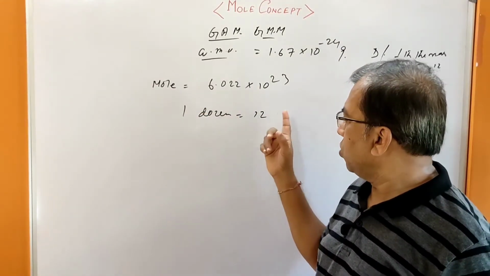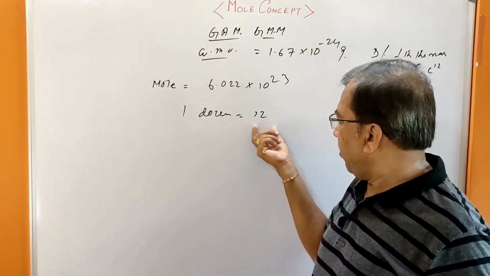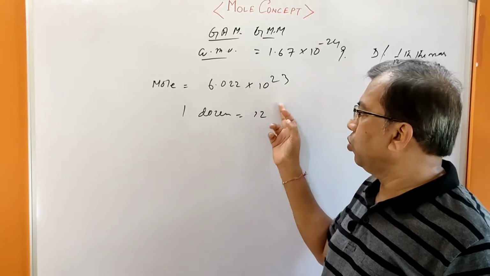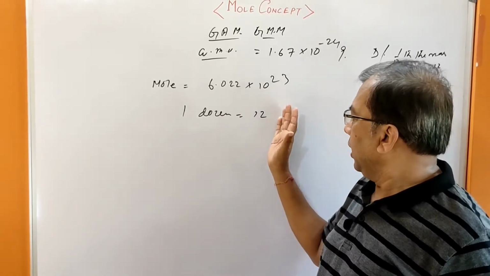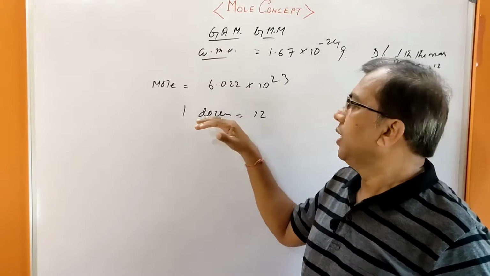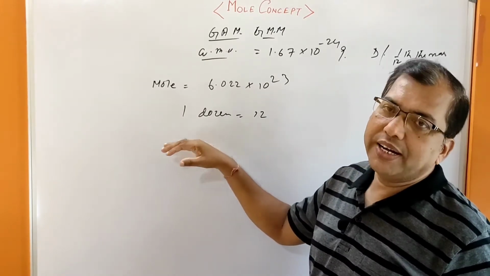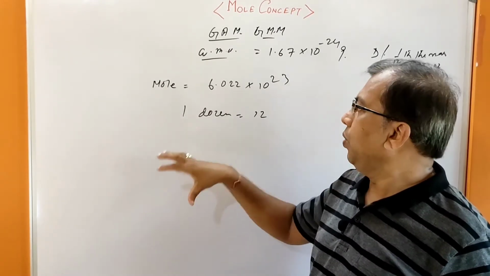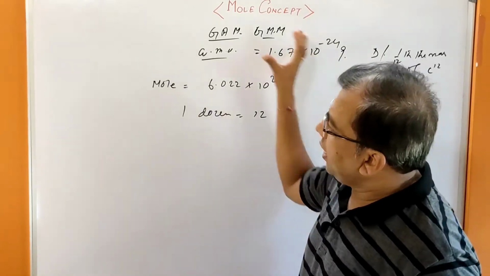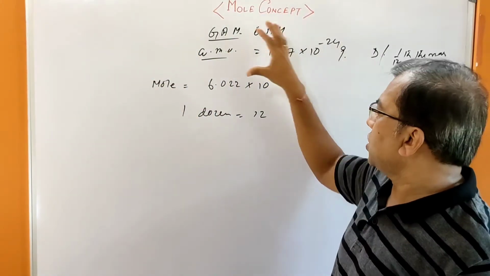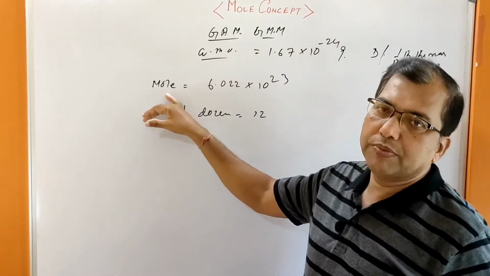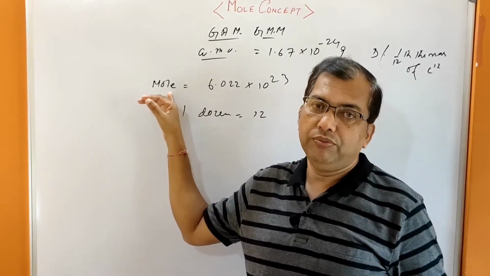In very simplified form, 1 dozen, 10 dozens, 11 dozens, 100 dozens. Similarly, we have to express large numbers. In case of counting numbers, we have to express by mole.